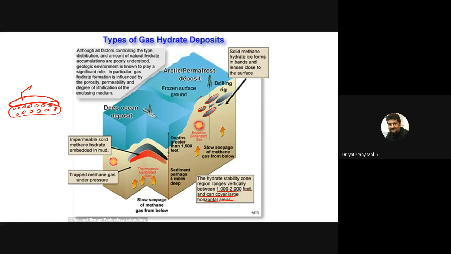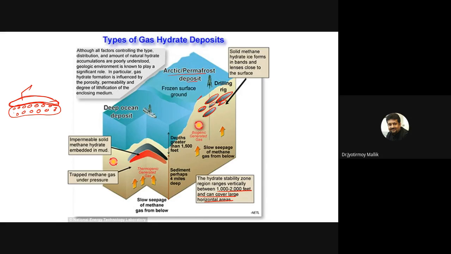It can be like the Arctic, in the permafrost deposit. In the Arctic, in the permafrost region, you will find such clathrates immediately beneath the surface. You will find solid methane hydrates in ice forms as bands, like you can see here, or lenses close to the surface.